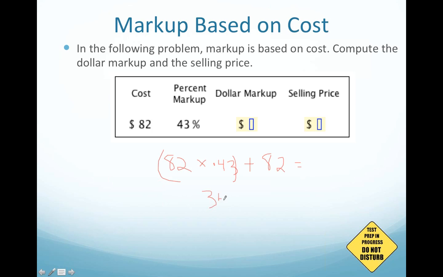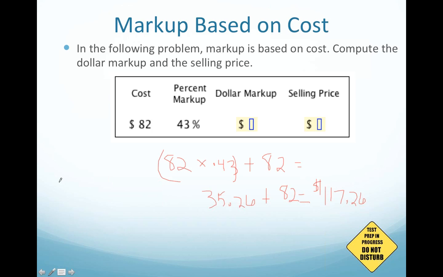So that's going to give us 35.26. That's obviously the markup right there. And then you're going to add that to the 82. Plus 82, and that's going to give us 117.26. So that's one way of doing it.